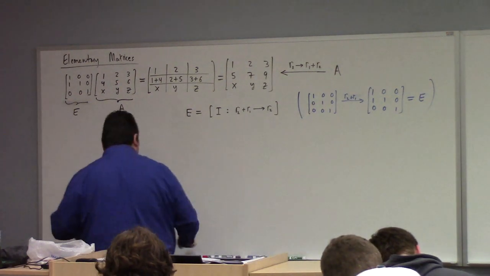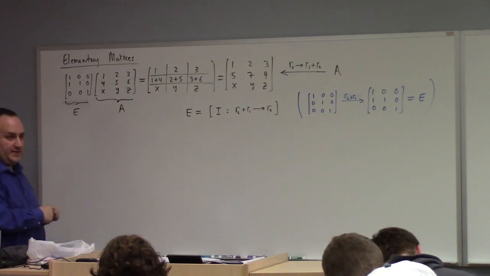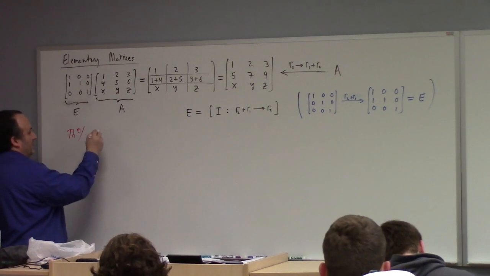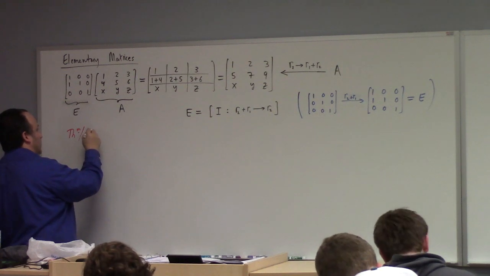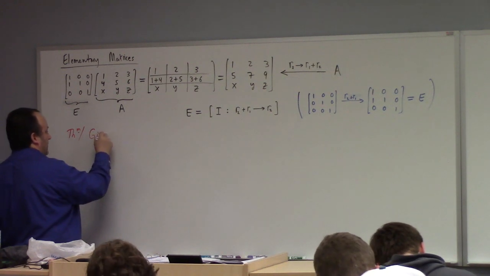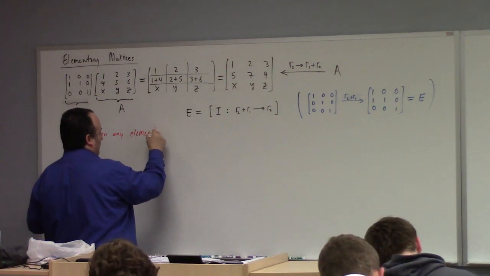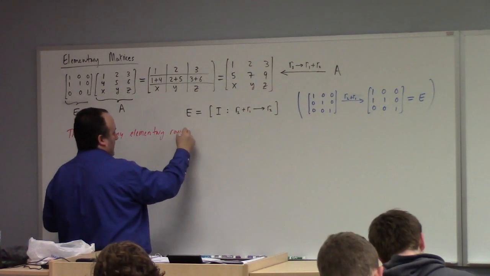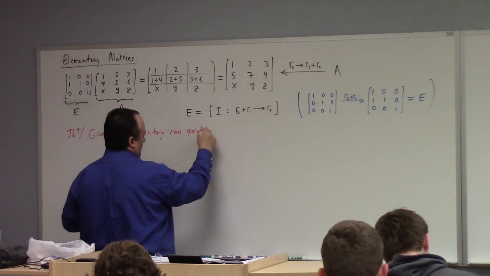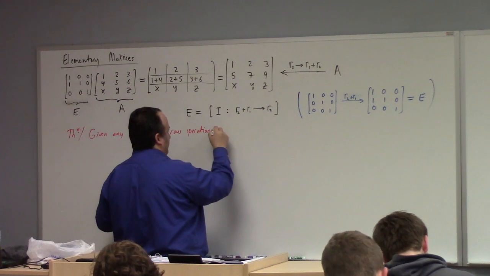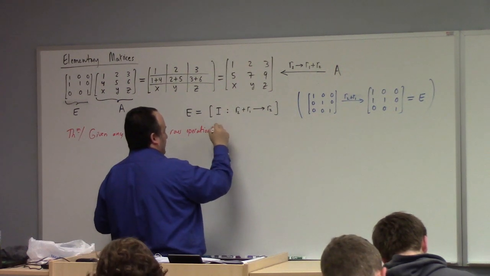So there's a theorem that we can observe here, and the theorem is simply this. Given any elementary row operation, let's just call it R for sake of discussion.